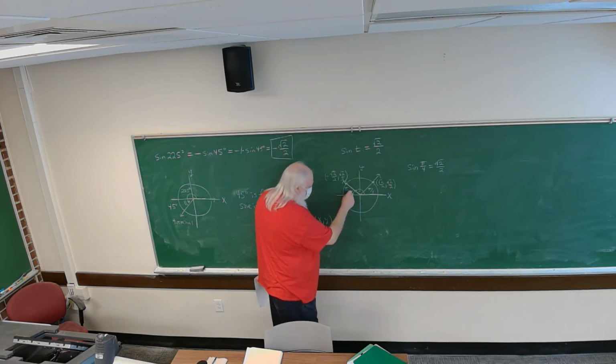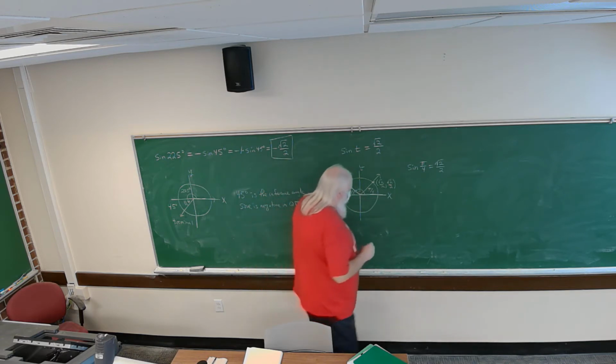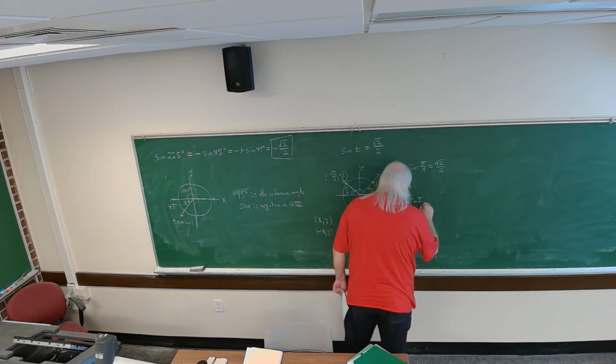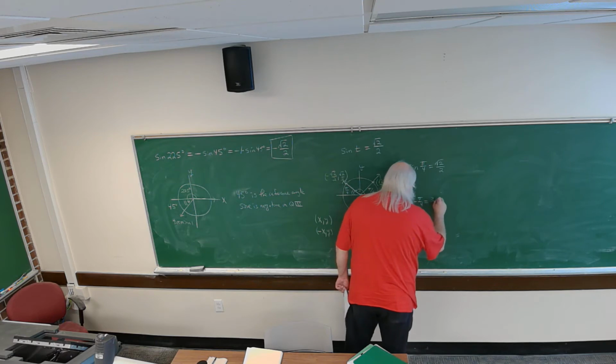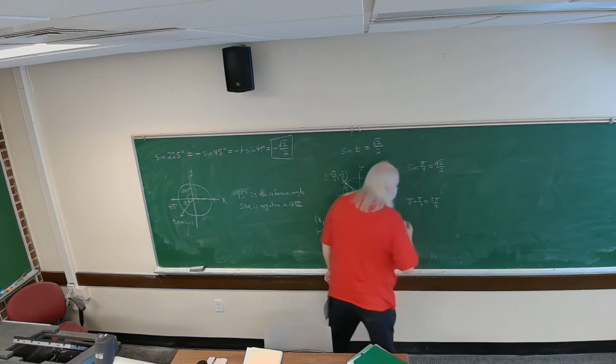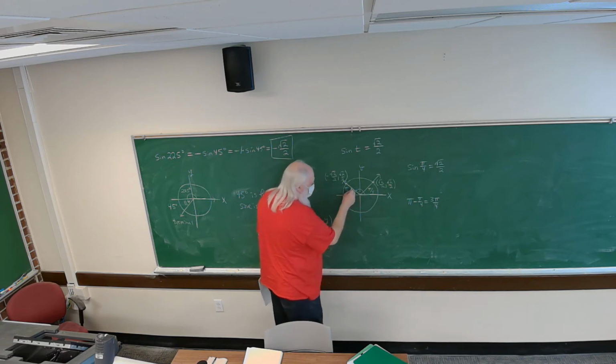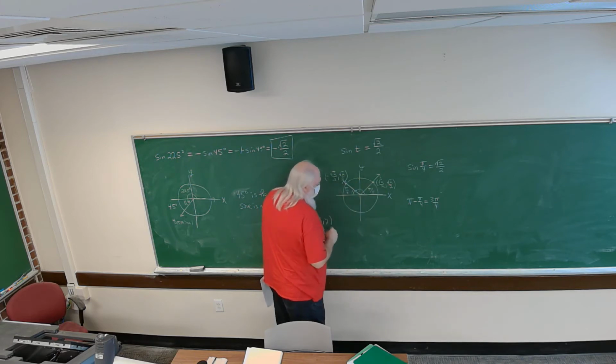So if I subtract pi over 4 from pi radians, I get this angle from the positive x-axis to this terminal side. So pi minus pi over 4 is equal to 3 pi over 4. So this angle that has this terminal side going through this point, that's symmetric to this point, is the angle 3 pi over 4.